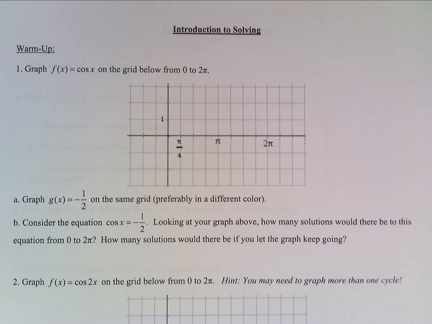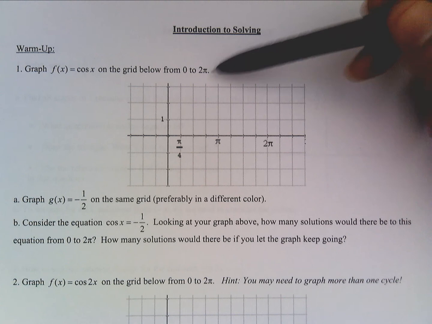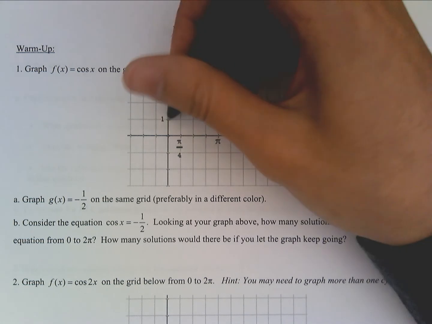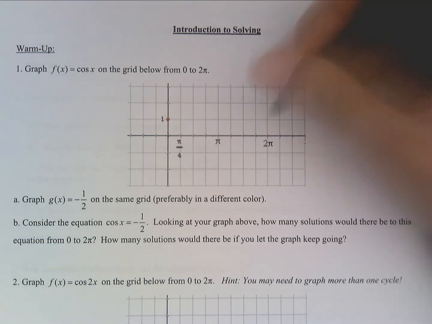Let's graph the trig function f of x equals cosine of x on the grid below from 0 to 2 pi. So we know that the cosine's period is 2 pi, and it starts at a maximum of 1 and it ends at a maximum of 1.